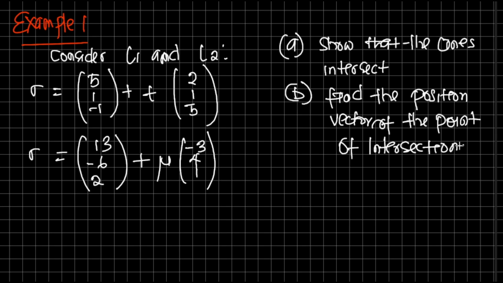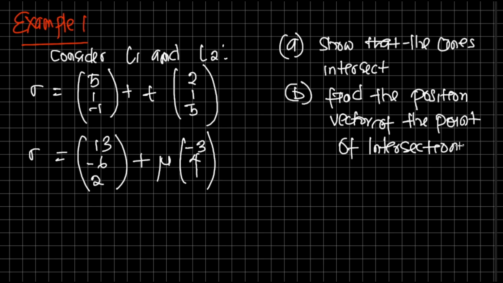You can see that either the lines must intersect or else they are skew, because I don't think they are parallel. If they are parallel, they will have the same representation. They will have the same vector coefficient of t.